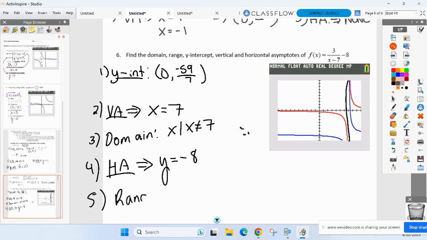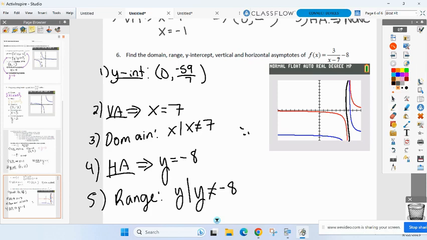If you knew y equals -8 was your horizontal, the range will be anything but -8. All right, these always go together. Vertical asymptote, domain, horizontal, and range always go together.